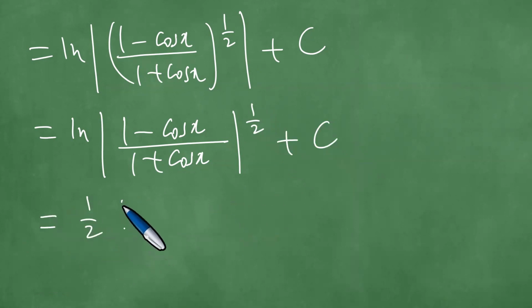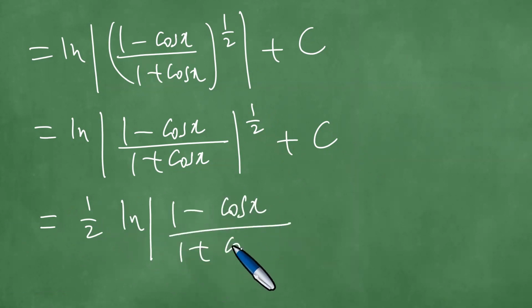Now that power can be brought down so that we have 1 minus cosine x divided by 1 plus cosine x plus c.